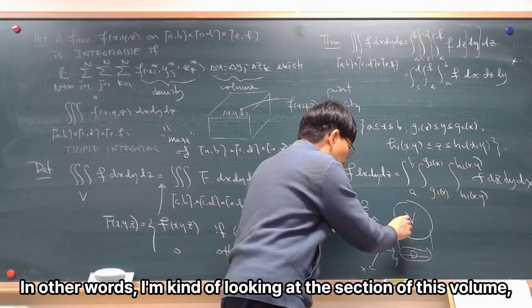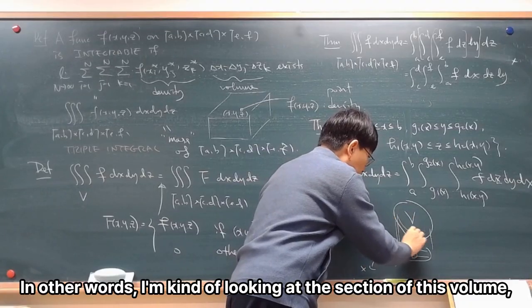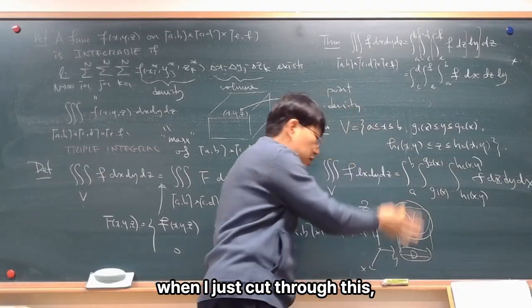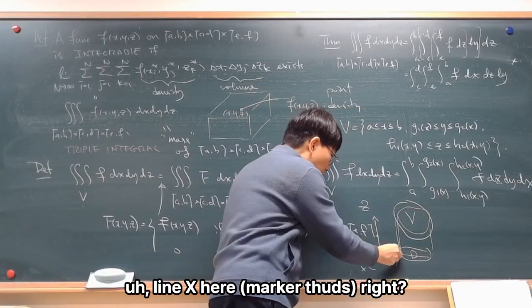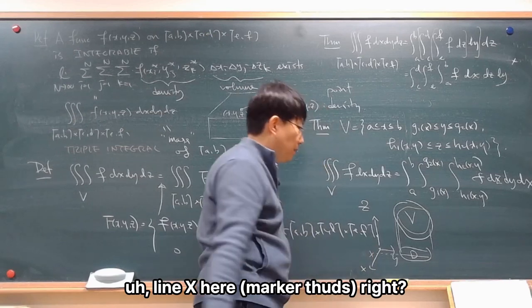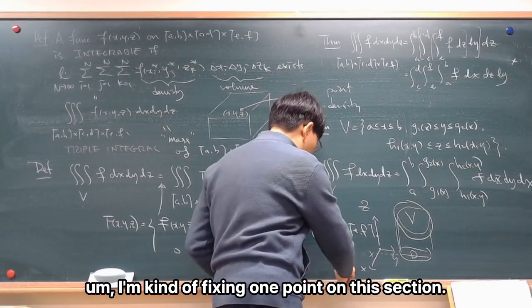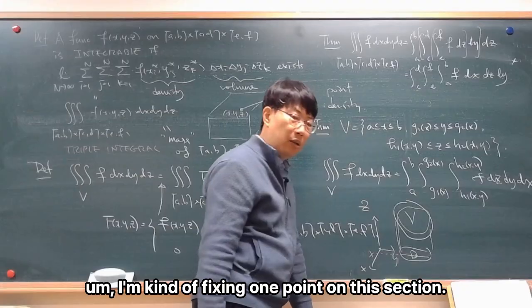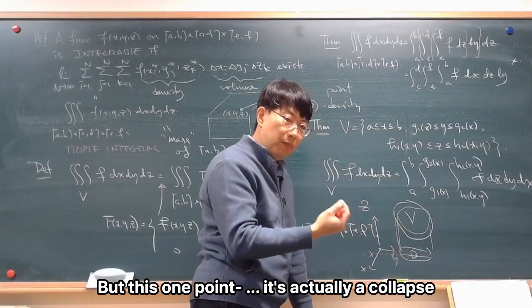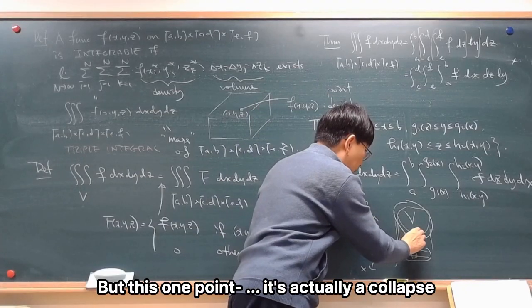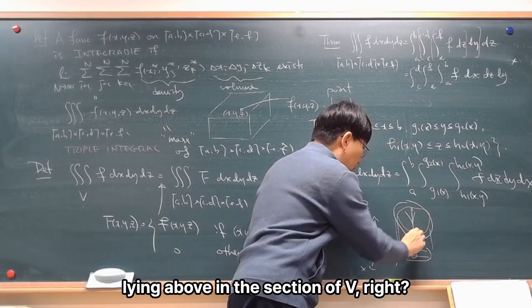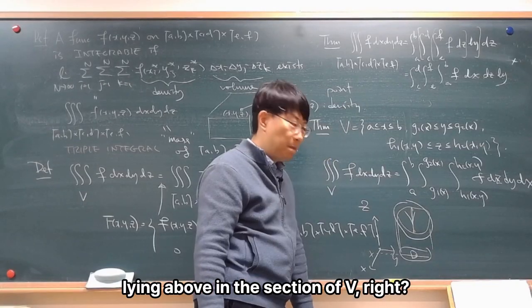In other words, I'm looking at the section of this volume when I just cut through this line x here, right? And then when I fix y, I'm fixing one point on this section. But this one point is actually a collapse of all the points lying above in the section of V, right?